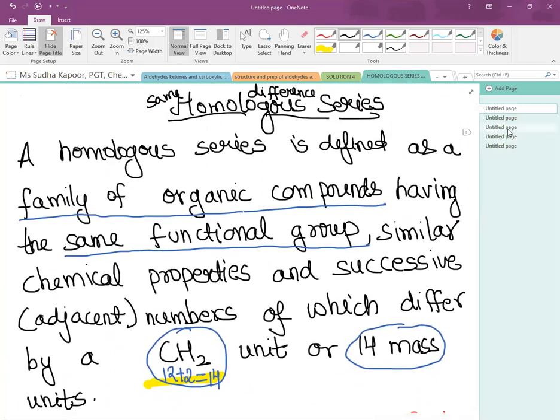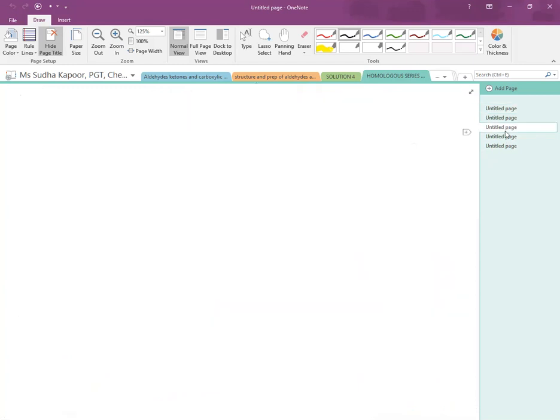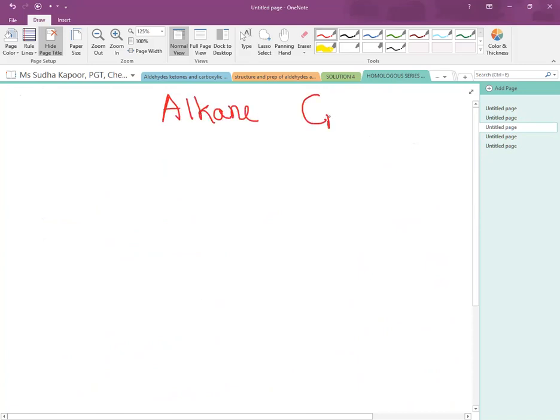Now let us make out the homologous series for single bonded compounds. The single bonded compounds, saturated compounds, are known as alkanes. And the general formula for alkane is, if the number of carbon is n, then the number of hydrogen is 2n plus 2. So let us see, if n is equal to 1, then carbon becomes 1 and hydrogen becomes 4.